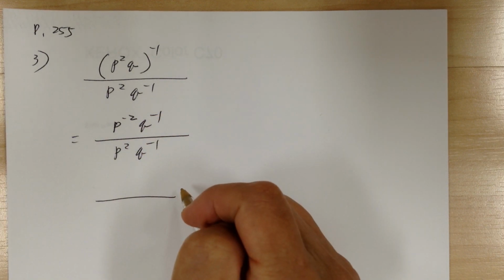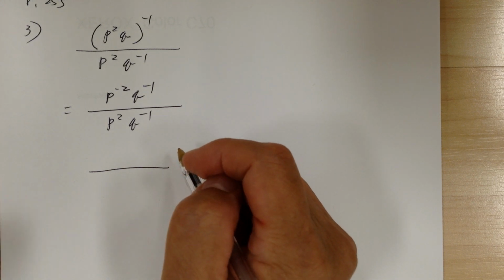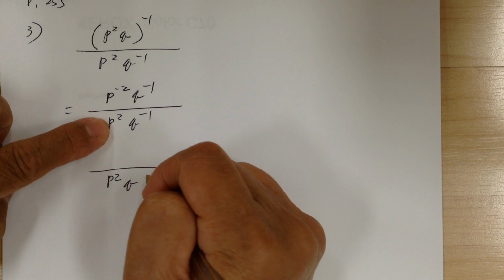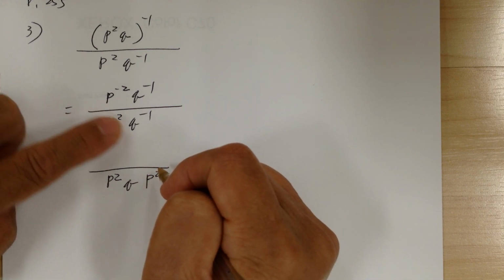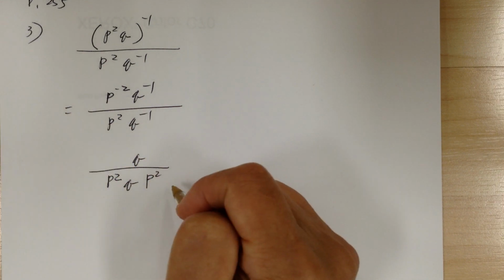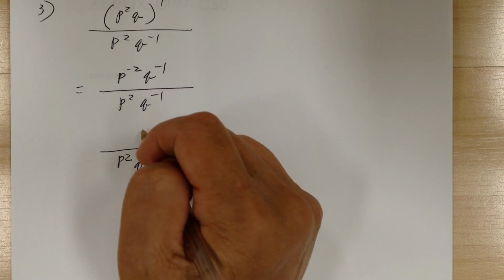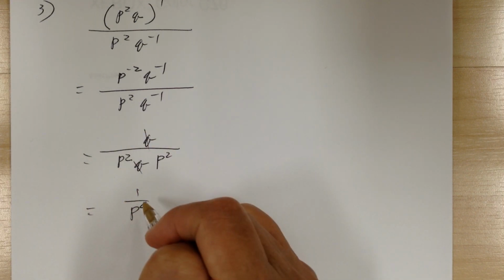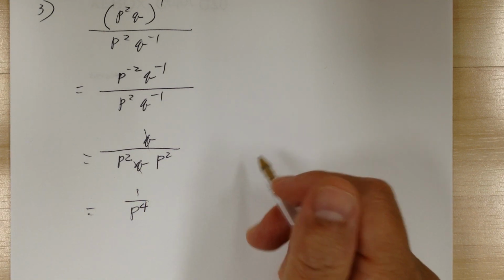Then after that, you can do the flipping. So this gets flipped to the bottom, this gets flipped to the bottom, this one stays because it's positive. This one gets flipped to the top. And then the q will cancel out. So you're going to get 1 over p to the 4. And the answer would be A.